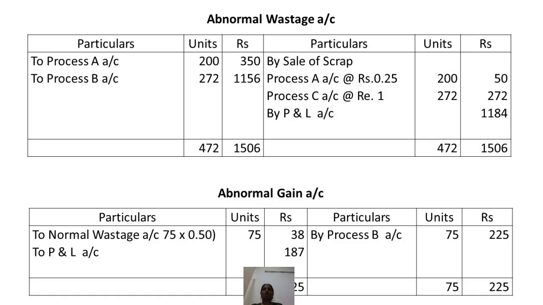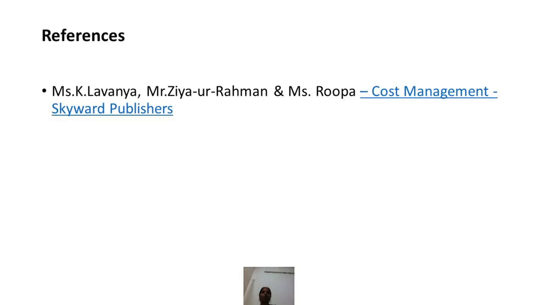That is, from process A we got 200 and process B 272, and for process C we got from process B 75, and then sale of scrap from A 0.25. Then we have to write the total. Then process C account 1 rupee and process B by profit and loss account 1,184. Then we have to transfer both the accounts, that is abnormal waste and abnormal gain. For that, we will have to refer to the further text.